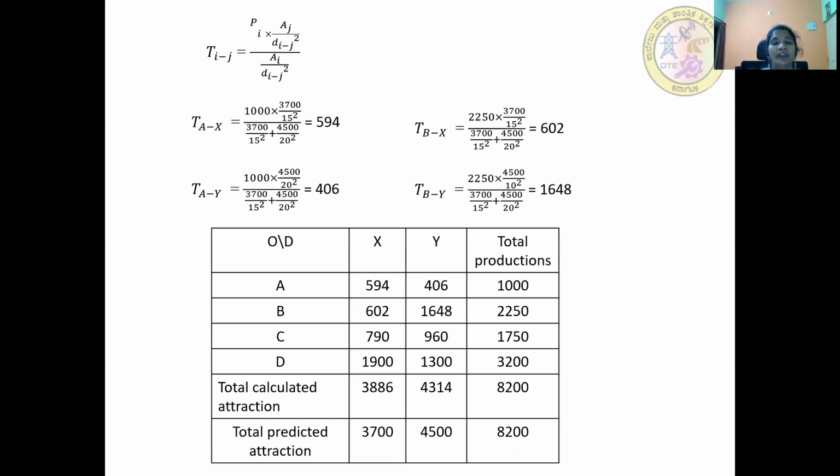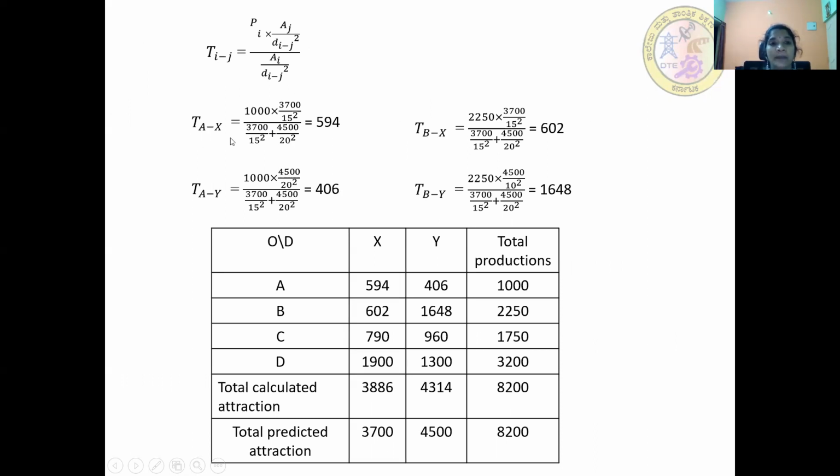So from the formula, the gravity model will be given by Tij = Pi Aj / Dij^2 divided by the sum of Aj / Dij^2.